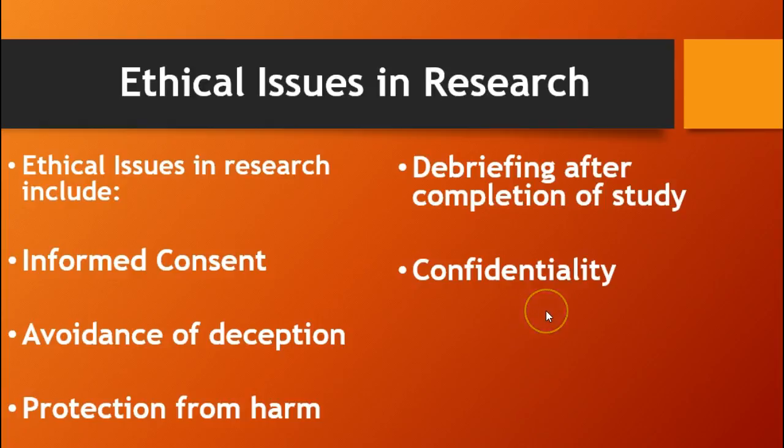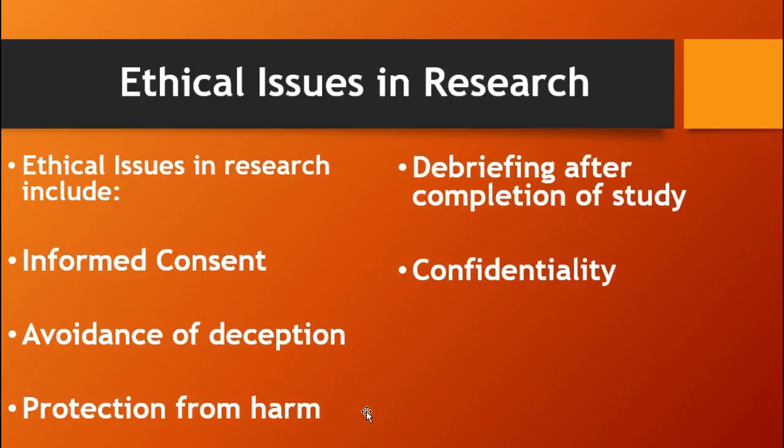And then we will talk about ethical issues that researchers must adhere to in developing and conducting proper research. Informed consent, as you learned in introductory, all participants must be informed. Avoidance of deception, and we'll review that. Protection from harm.